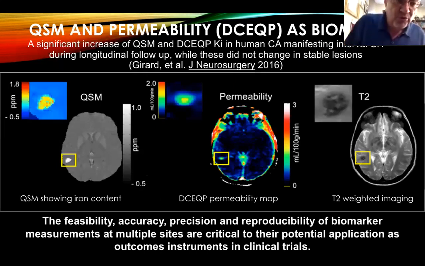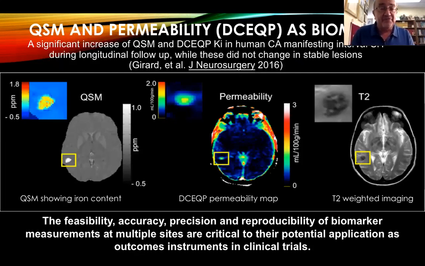There are also new ways we can look at the cavernous angioma lesion. To the far right, you can see the MRI scan with the lesion there in the yellow box. That's what we all look at every day on the MRI scan. But if we want to look at how leaky the lesion is, meaning whether it is likely to bleed because it is leaking, there is a permeability scan that we give with gadolinium where we can measure the leak rate in the lesion on a color scale like you see in the middle scan.